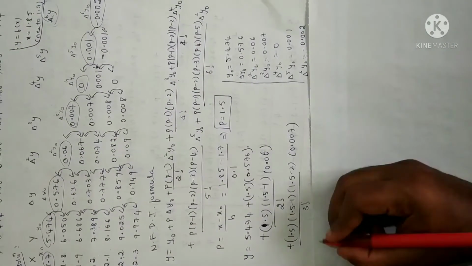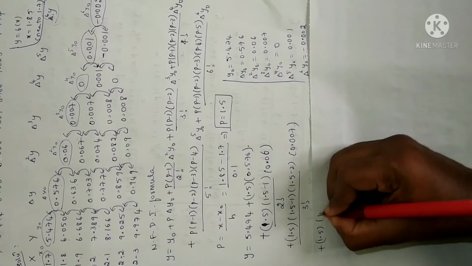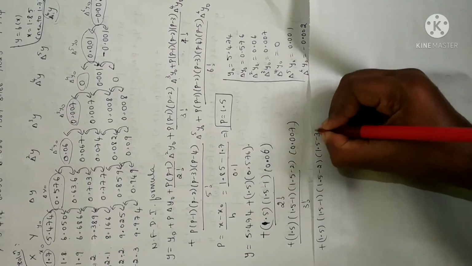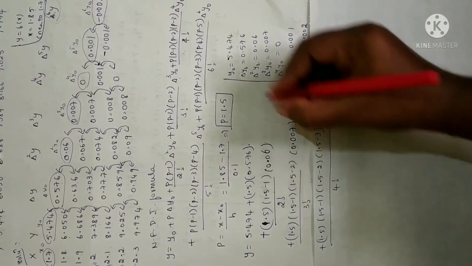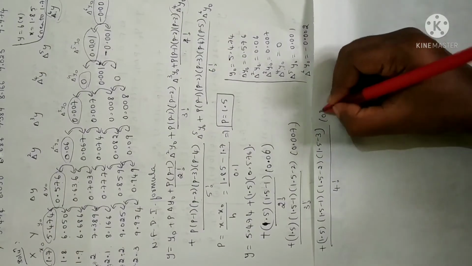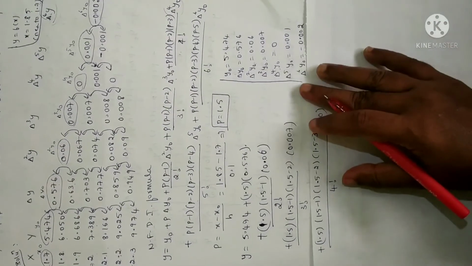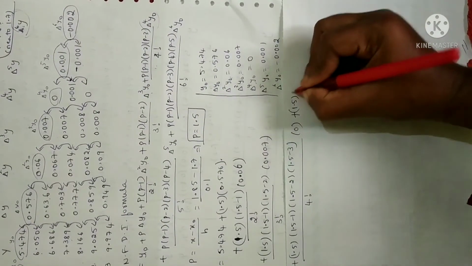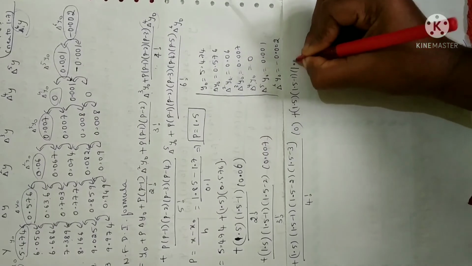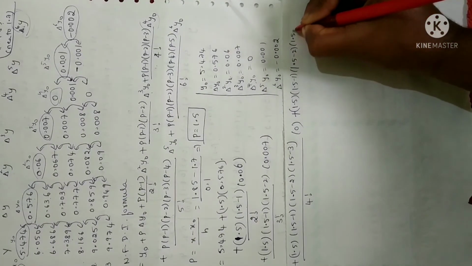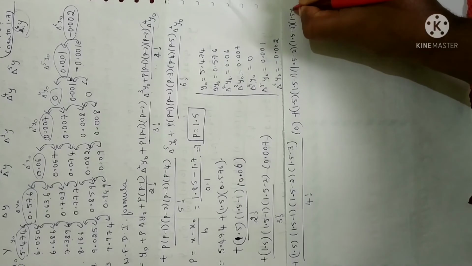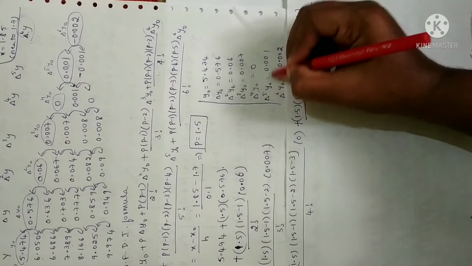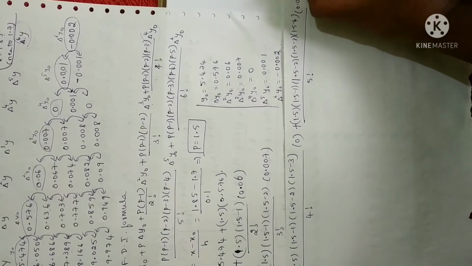Next, this term I have to substitute. Plus 1.5 into 1.5 minus 1, 1.5 minus 2, 1.5 minus 3 divided by 4 factorial into del power 4, which is 0. Anyhow it is 0 only. Plus the next term divided by 5 factorial: 1.5 into 1.5 minus 1, 1.5 minus 2, 1.5 minus 3, 1.5 minus 4 divided by 5 factorial into del power 5 of y, which is 0.001.